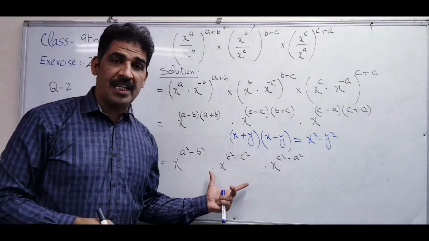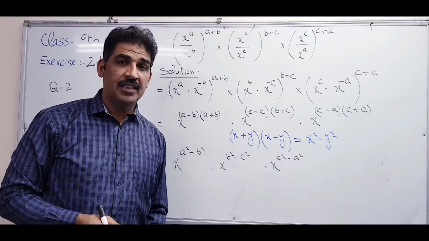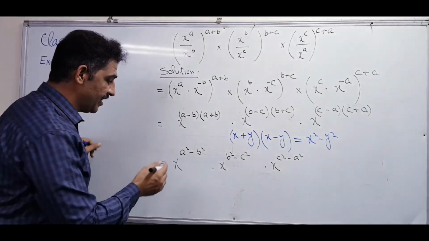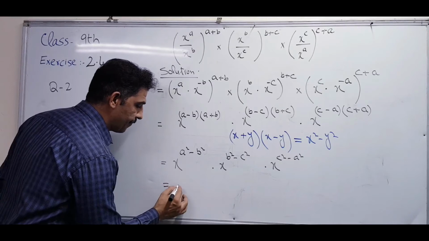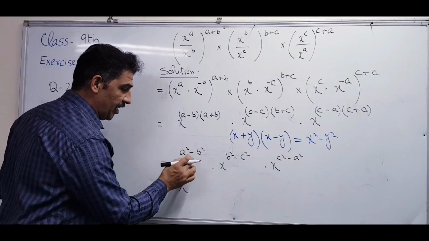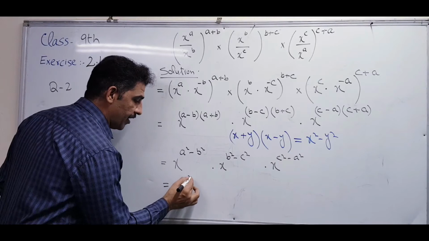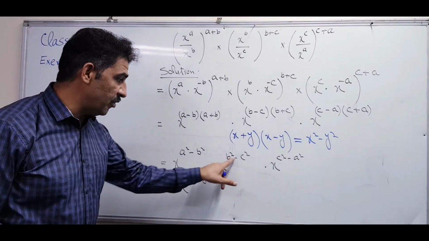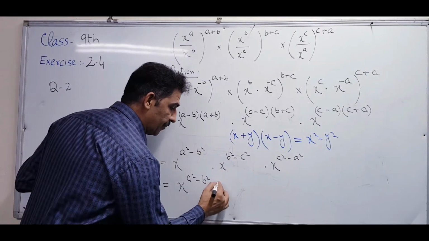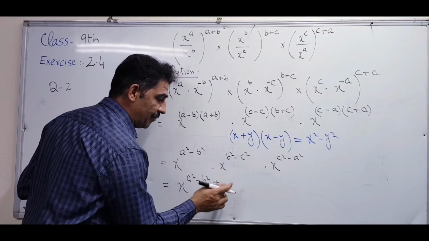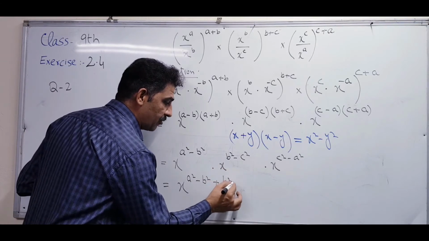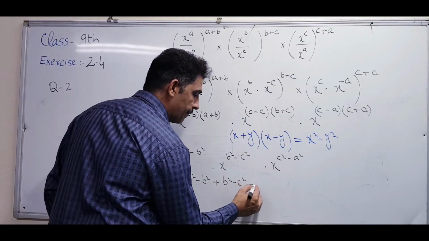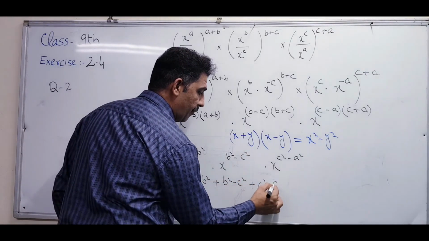If the operation is multiplication and variables are the same, how to combine? Add the exponents, right? Single x, and add the exponents. What is the exponent of this one? a square minus b square. Its exponent we will add, so plus sign due to multiplication and the same variable. Add b square minus c square. Also add its exponent: plus c square minus a square.